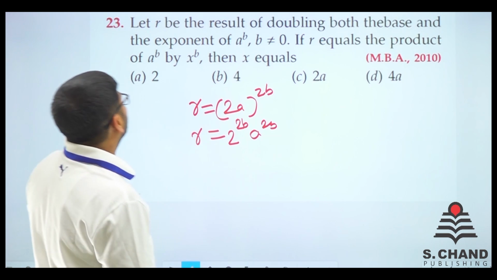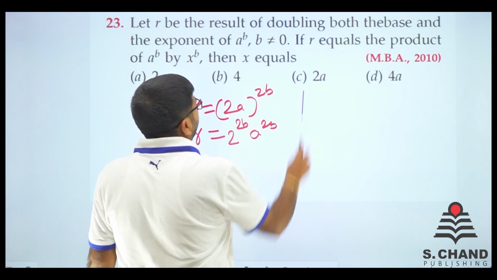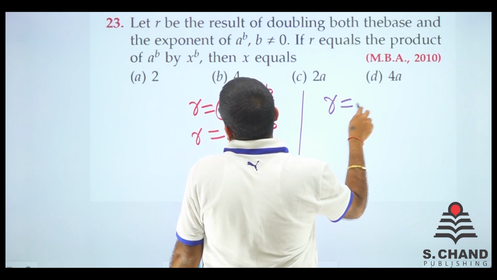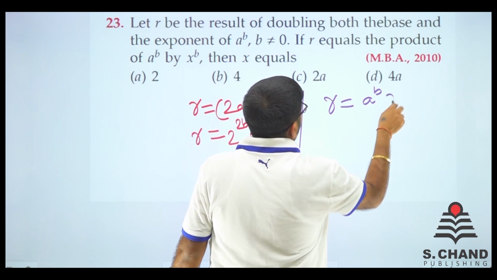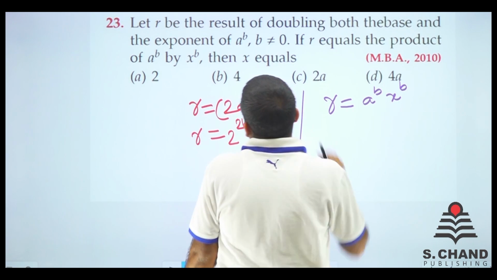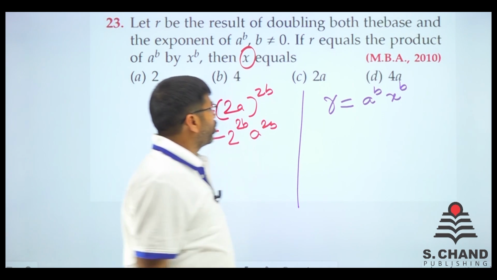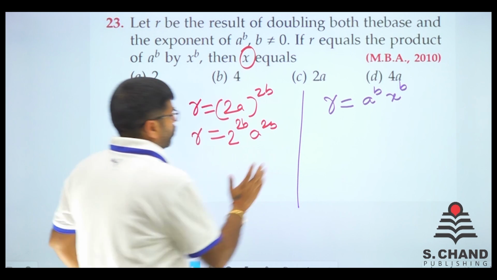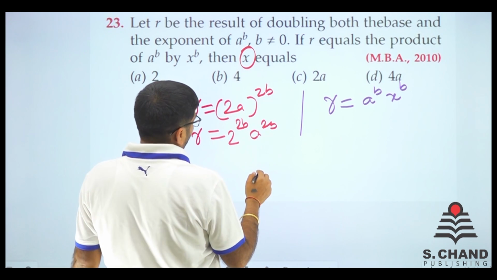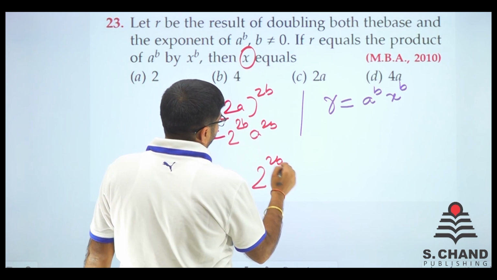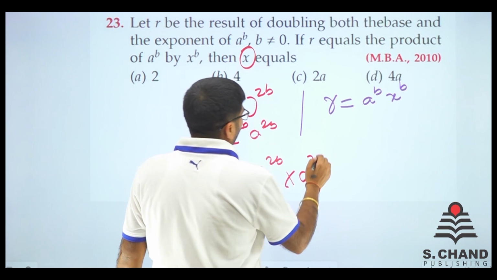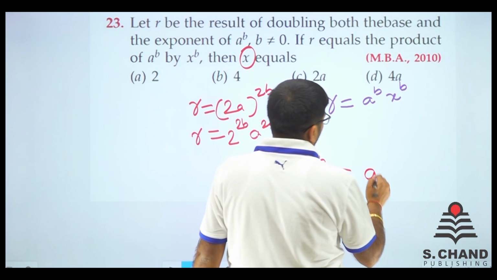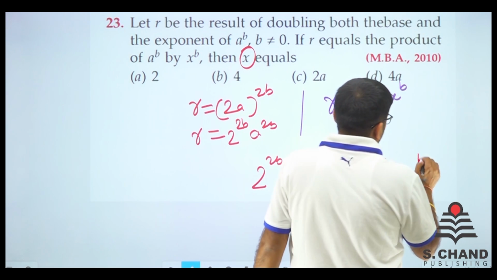If R equals the product of a^b by x^b, that is, R is equal to the product of a raised to power b and x raised to power b, then x is what? So here we have one R, here we have another R. Just equate them. So 2^(2b) into a^(2b) is equal to a^b x^b.